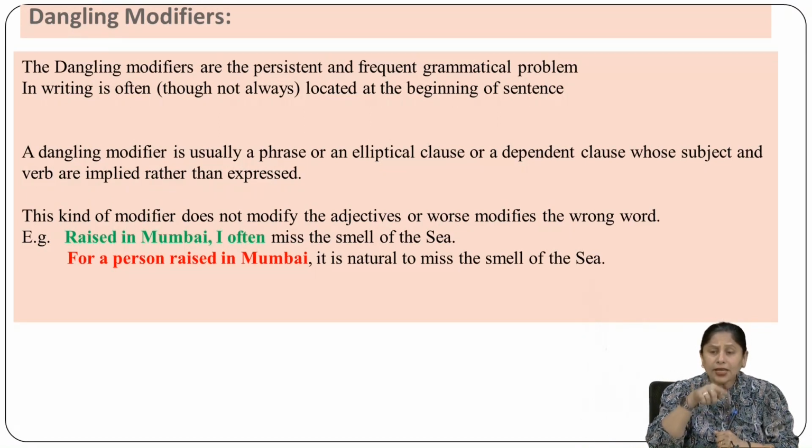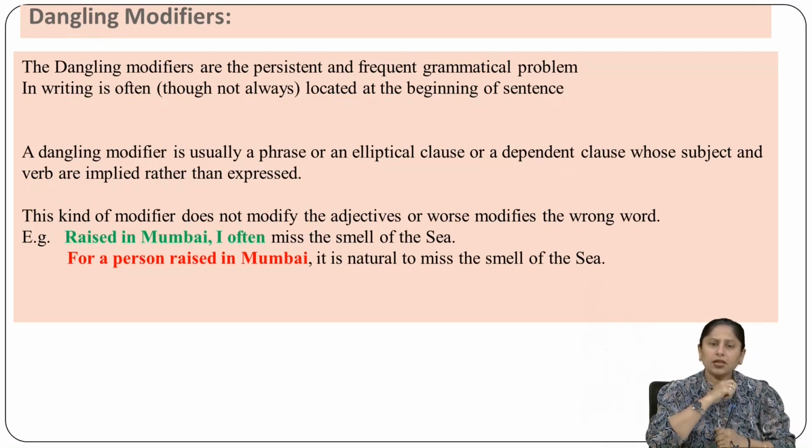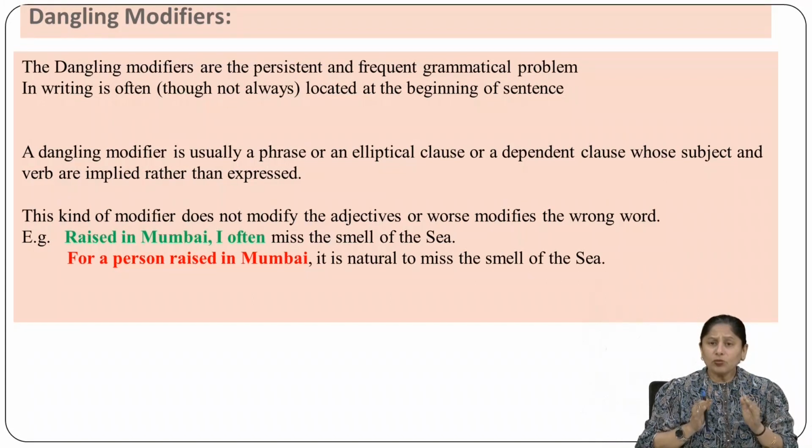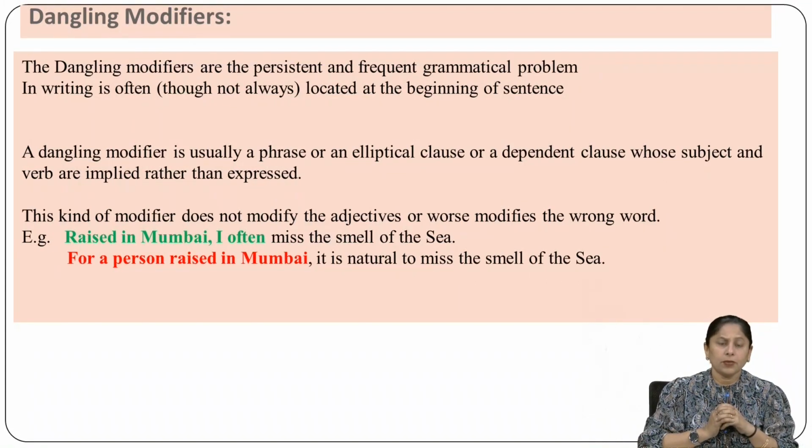This kind of modifier does not modify the right word, or it modifies the wrong word. So they don't play the role of a modifier, but exactly the role of a phrase only, a group of words only. You have to remember it as a phrase or group of words.